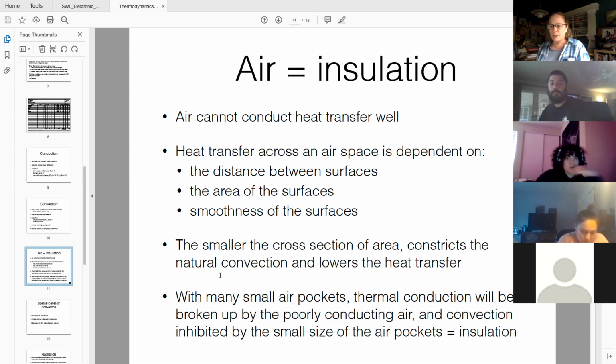So high surface area, volume of air, but there's not enough space because the bubbles are so tiny that it's not getting any convection going on inside of it. All of these different factors are making up why it works as an insulation material.